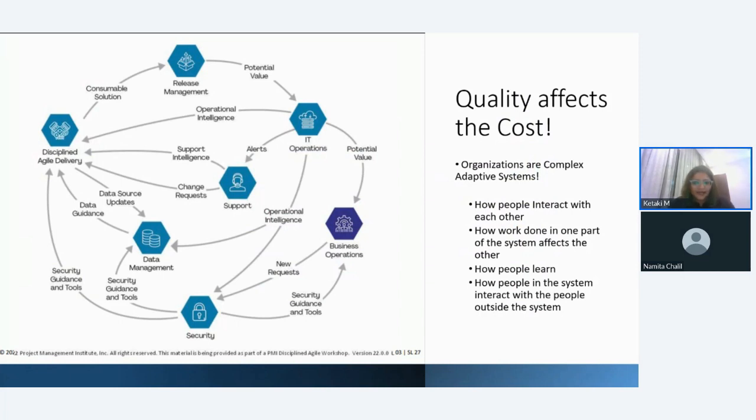This diagram is really a complex software management way of work. If all aspects have to succeed, for example, let's say in your program, you want to build security guidance and tools because it is a standard, disciplined agile way of having quality in your system.